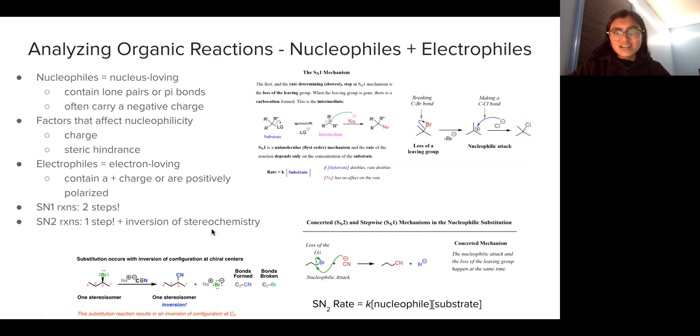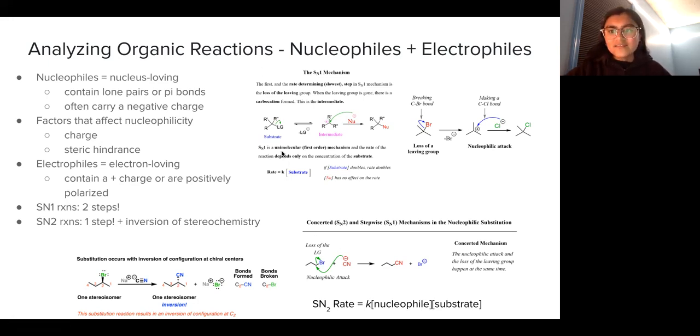Two types of reactions definitely to know are SN1 reactions, which are 2 steps, and SN2 reactions, which are 1 step and involve an inversion of stereochemistry. I know this is a little bit confusing, but just think SN1, SN2 mean the opposite of what they actually are.